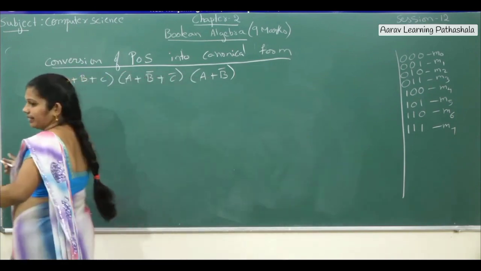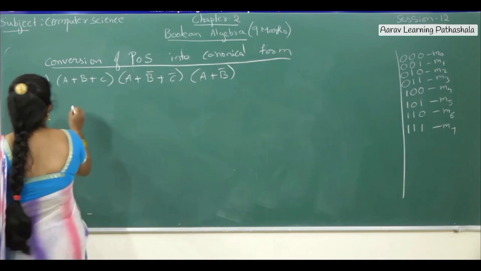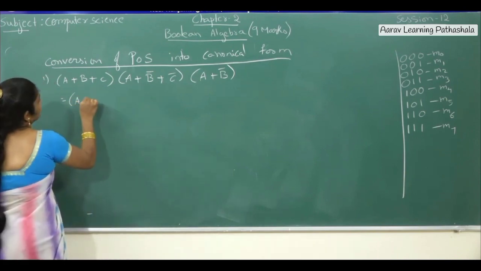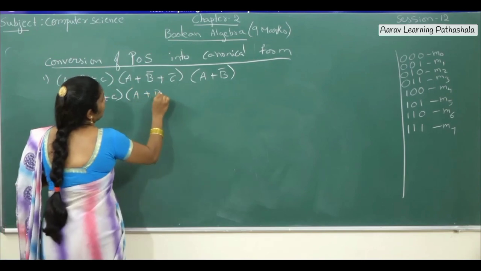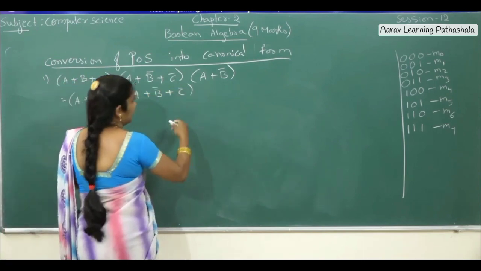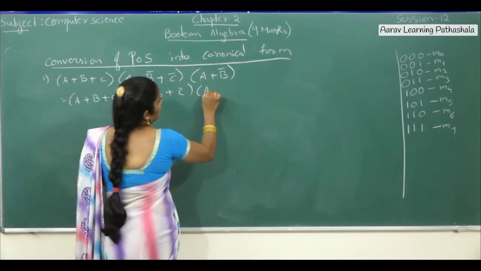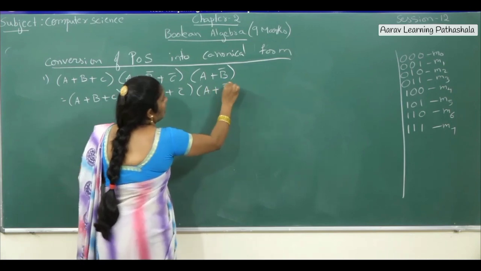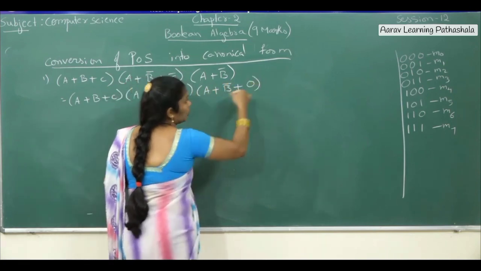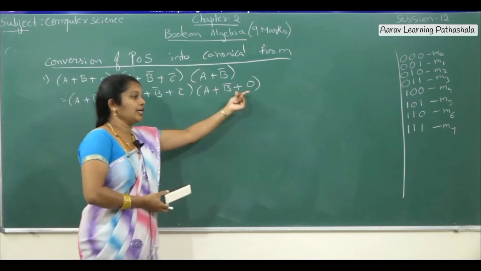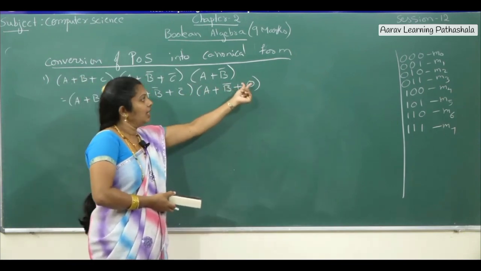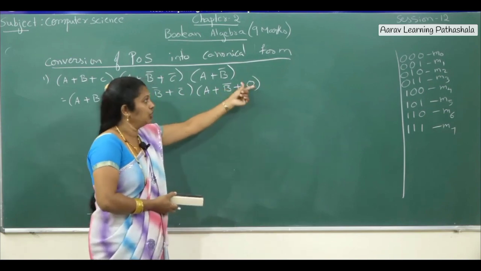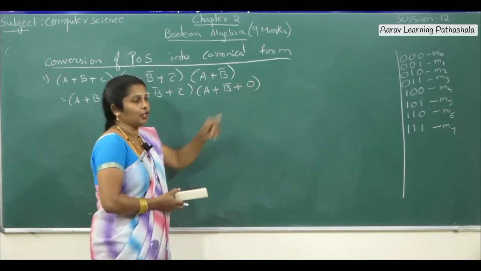To convert the given expression: a plus b plus c, a plus b bar plus c bar. Here the c variable is missing: a plus b bar plus 0 we will write, because this 0 represents c into c bar. Because c is missing, I don't want to change the given expression; for the sake of convenience, here we have written 0.